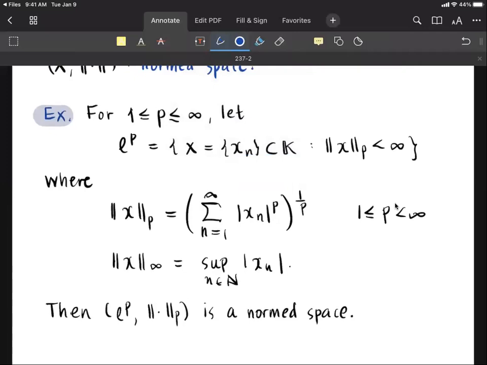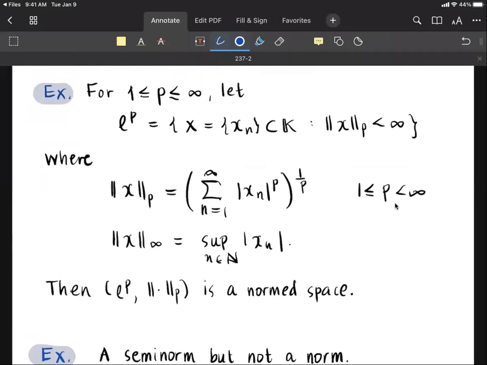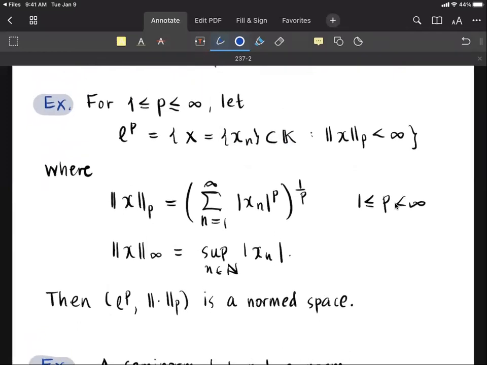So we defer the proof when we go to the measure theory portion, the measure theoretic proof, in the future discussions.